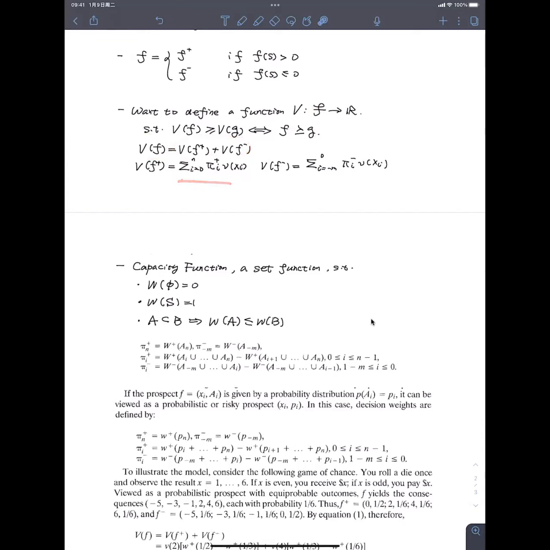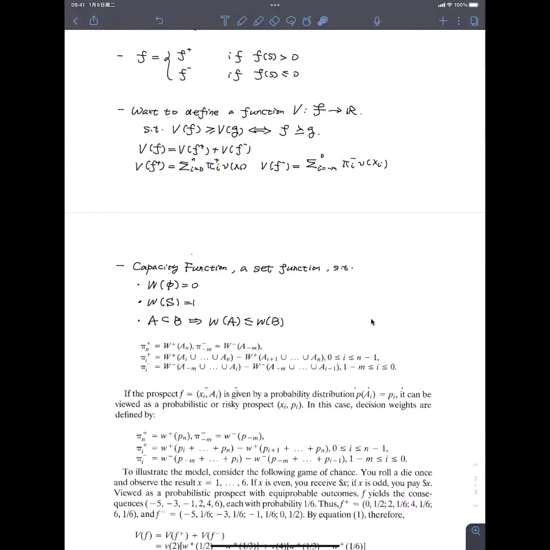To define the function V, basically the task is to define pi, that is, to make a different definition for gains and losses. The task becomes how to measure the weight of decision based on the corresponding probability.